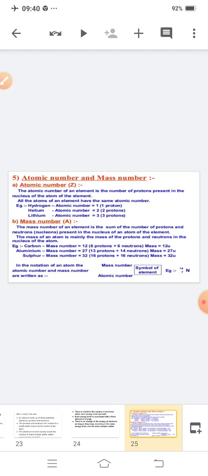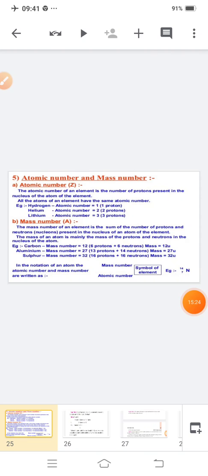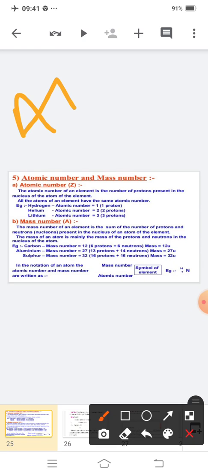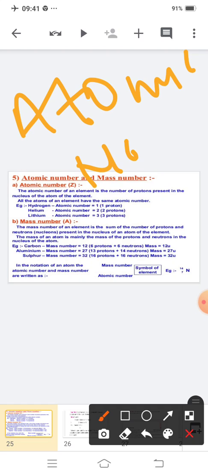After that, the next topic. Our next topic is atomic number and mass number. Let us start with the atomic number.